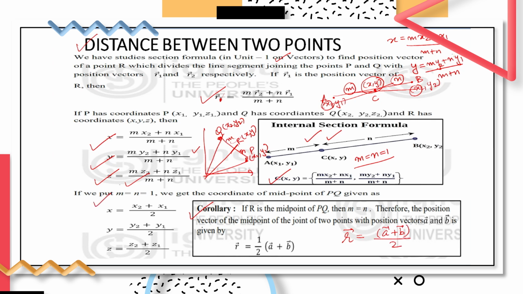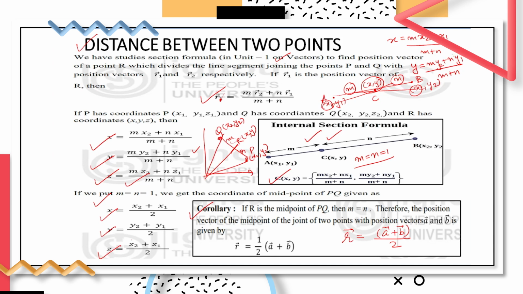So in that case, when m is equal to n is equal to 1, the coordinates x and y can be determined by x1 plus x2 by 2, y1 plus y2 by 2, and z1 plus z2 by 2. So this is how you can determine the distance between the 2 points.